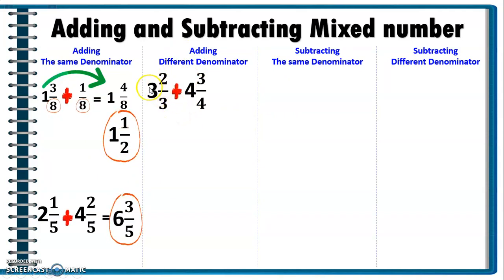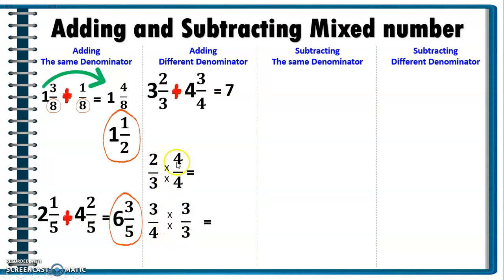So 3 and 2 over 3 plus 4 and 3 over 4. So again, first we have to add the whole numbers, which is 3 plus 4 is equal to 7. Then proceed to the fractions. So 2 times 4 is equal to 8, and 3 times 4 is equal to 12.